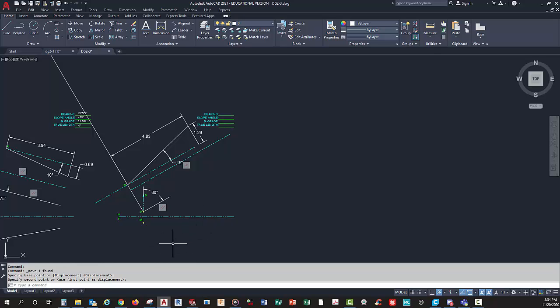Now, how do you find this part down here, this distance? Well, you need to know what the distance is from this point to this fold line. So you're going to transfer that distance down here, and then you just offset this line that distance. Remember, all you have to do is pick here, then perpendicular to that, and then offset this line down.